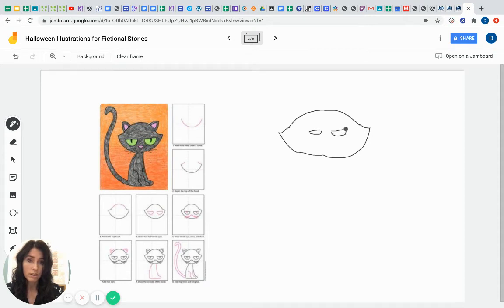So go ahead and draw that on your paper. Then it's time to do the cute little nose, kind of a triangle-shaped round nose with some cute little whiskers. How are you coming? We're doing this fast, but we're getting her done. Next, let's draw some pointed ears because we know cats have pointed ears.